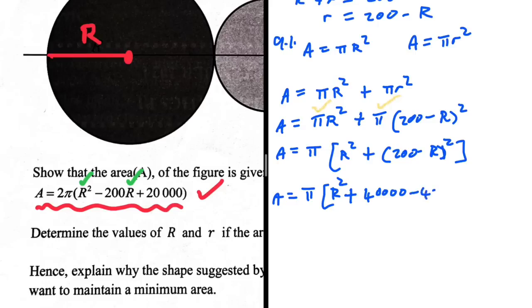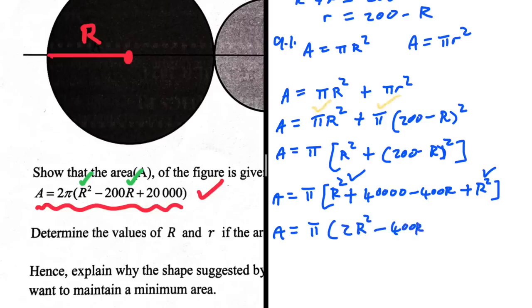You multiply that by 2, you get minus 400R, plus minus R multiplied by minus R, that will be R squared. So take a look. The area will be equal to pi times R squared plus R squared, which gives us 2R squared, and then minus 400R plus 40,000.